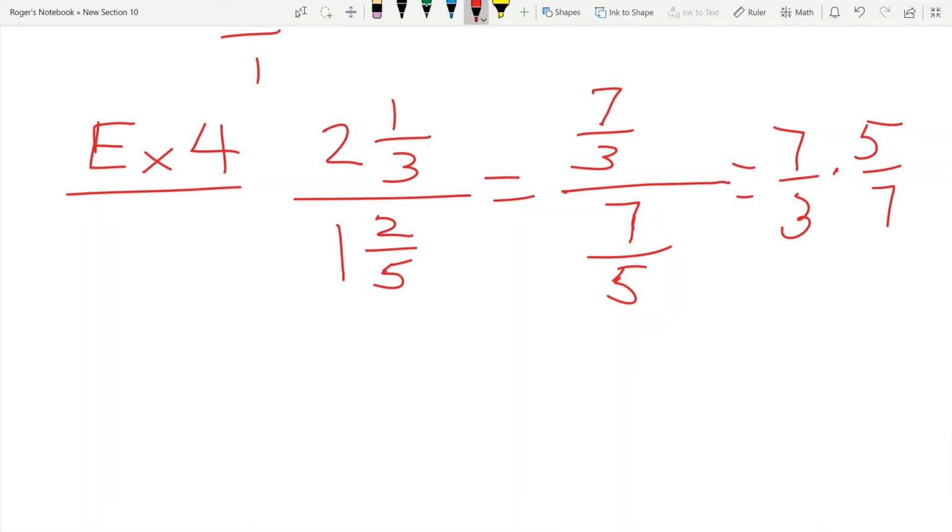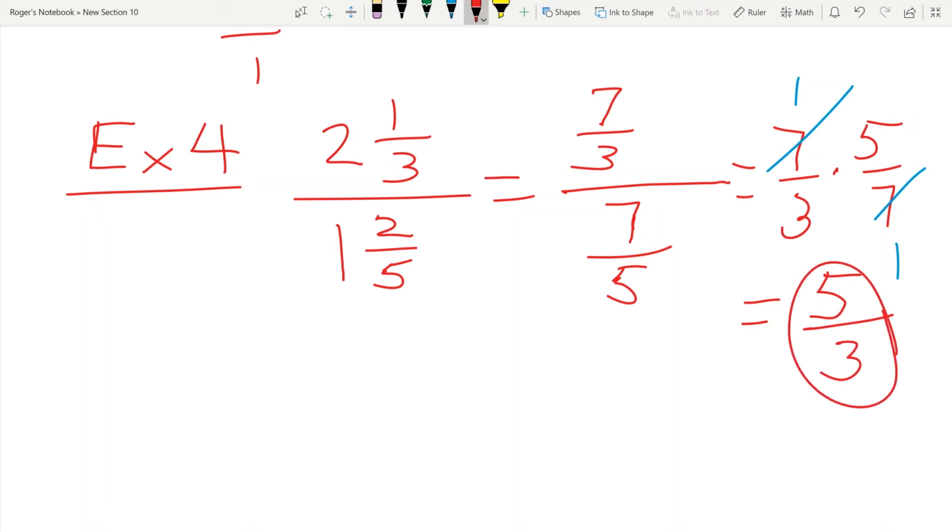Notice that the 7's cancel out, don't they? And so what are we left with? These guys cancel each other. So we're left with 7 into itself goes 1 time, and into here 1 time. So it's 1 times 5, or just 5 in the numerator. And in the denominator, 3 times 1 is just 3. So it's 5/3, okay? 5/3.